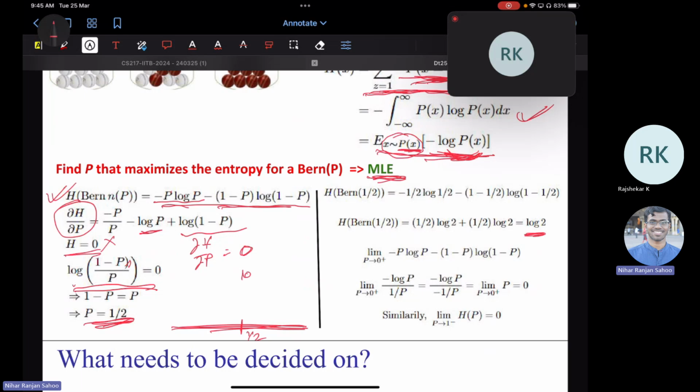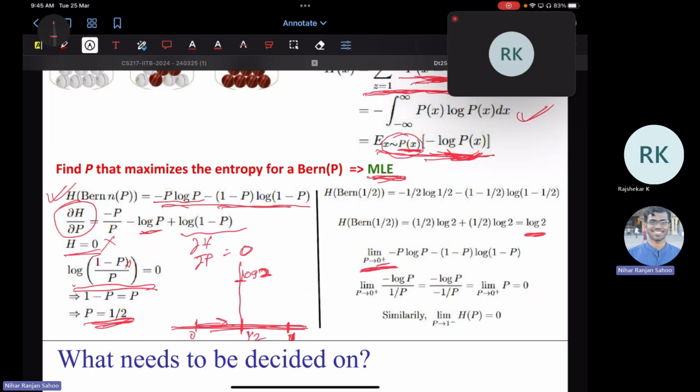If this is the y-axis, let's say this is log 2. This is what we know, right? So let's see what the value will be if p equal to 0 and p equal to 1. What will be the value if p equal to 0? You take the limit p tends to 0, because we want to see the nearest point, with p moving towards half, right?